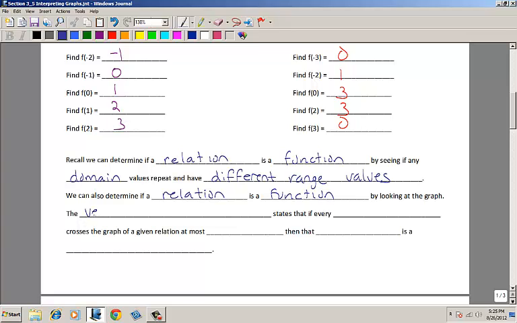The vertical line test states that if every vertical line crosses the graph of a given relation at most once, then that relation is a function.